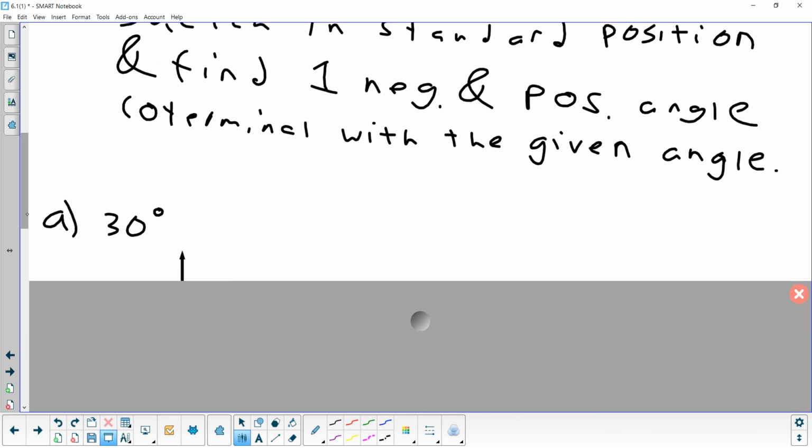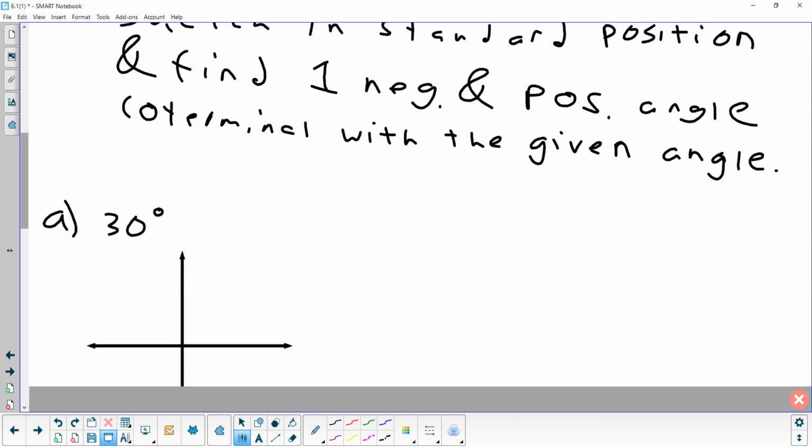So what you want to do to estimate it is just imagine, all right, 30 degrees. Well, this entire quadrant is how much? It's 90, so that's 1/3. So we're basically going to be drawing an angle that's a little bit less than half.